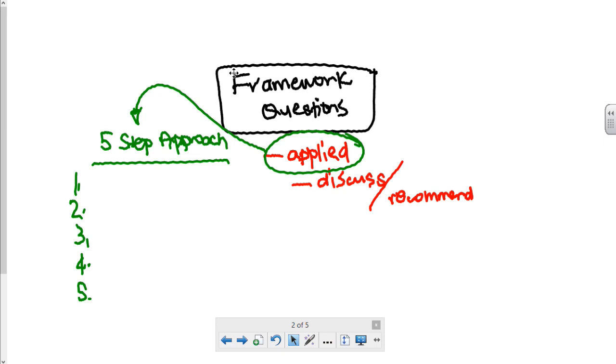So I would use this approach if you were in auditing, for example, to answer questions about the Companies Act or about governance. I would use this approach to answer questions about auditing standards, about any law in tax, even if you were asked to discuss compliance with VAT or something like that. So the 5-step approach is the facts.